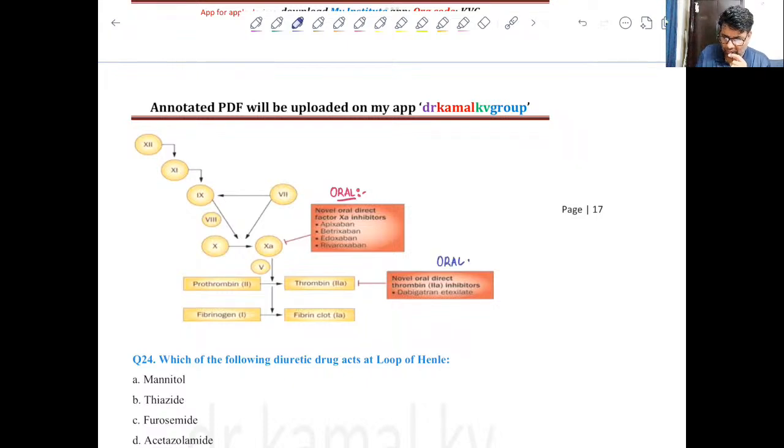So the one which is inhibiting thrombin, because thrombin is needed for this final effect where fibrinogen is converted into fibrin clot, and this thrombin is inhibited by dabigatran etexilate. So oral direct thrombin inhibitor.